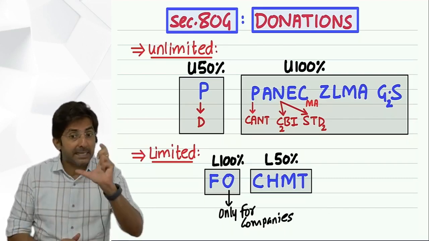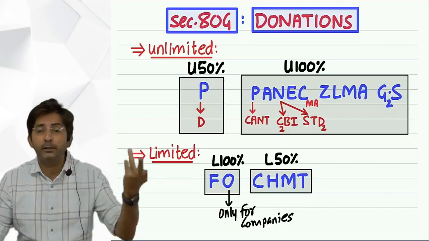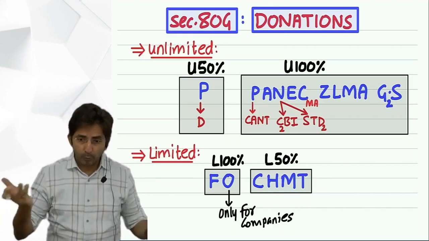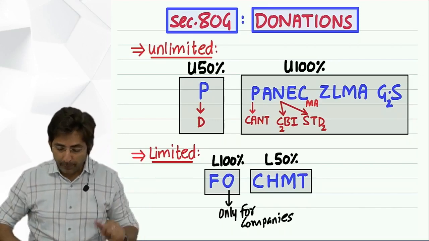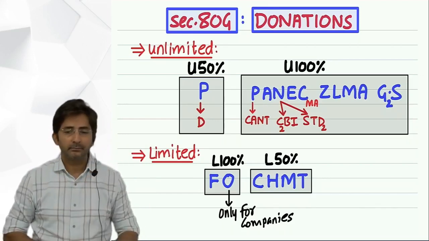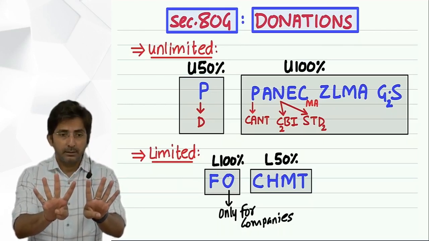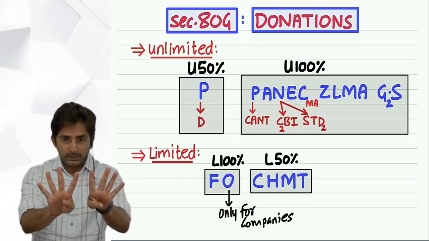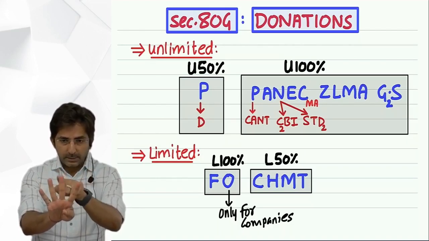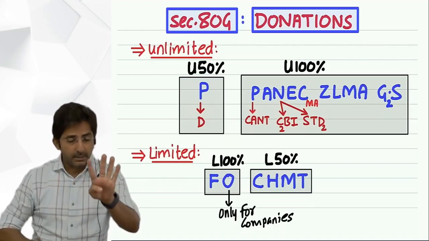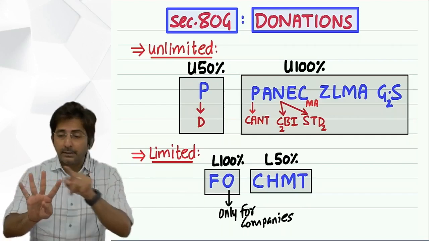But when the word National comes, it means who is collecting the donation? The central government. So it is authentic. And how many donations are there? Look, 8. 8 donations, all starting with National. So look at my hand and try to understand. National, national, national, national, national, national, national, national.